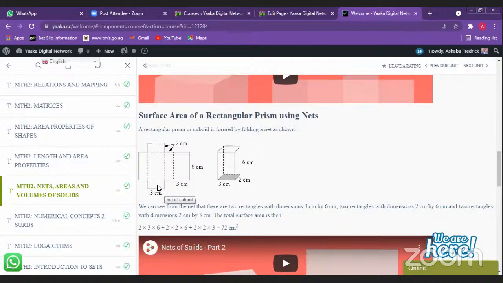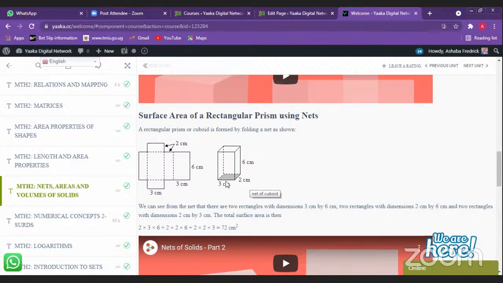6 plus 6. Then we have this last one, on the left. Its width will be 6 because it is equal to this side. Alternatively, we can notice that this rectangular prism has two faces which are similar.